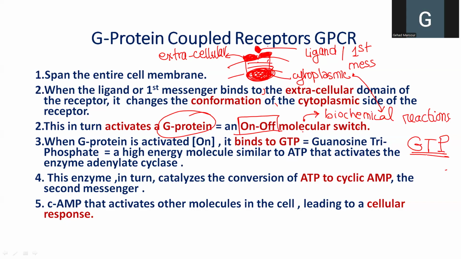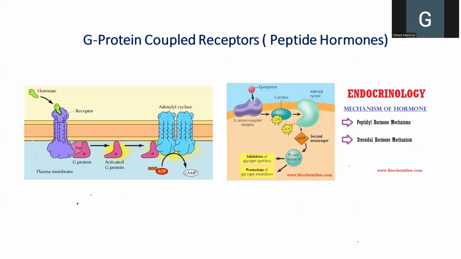When the activated G protein binds to this GTP molecule, the GTP molecule releases energy, and that energy activates the enzyme adenylate cyclase. And adenylate cyclase, of course, as we said before, will produce cyclic AMP, and cyclic AMP will activate a series of cellular reactions.